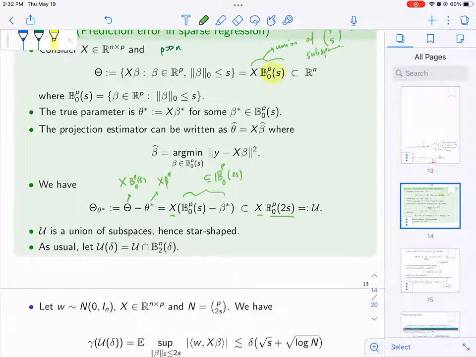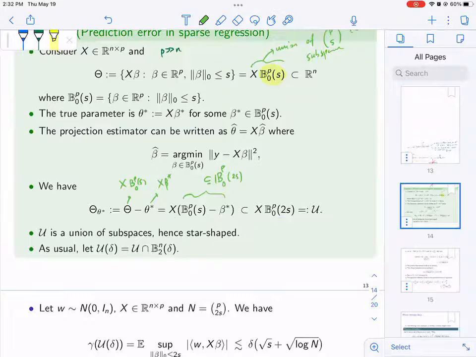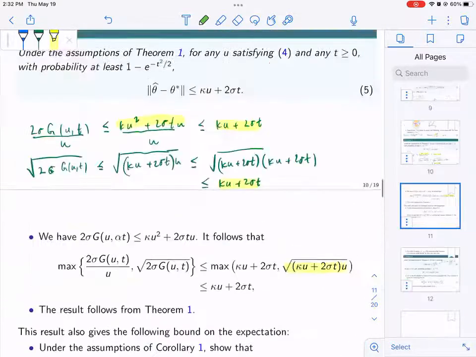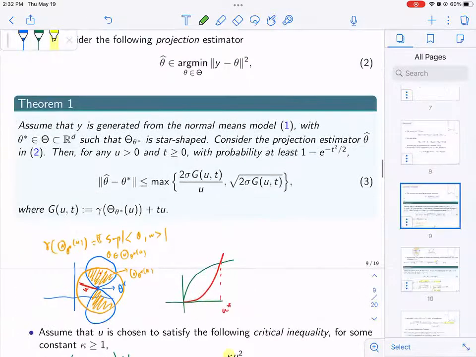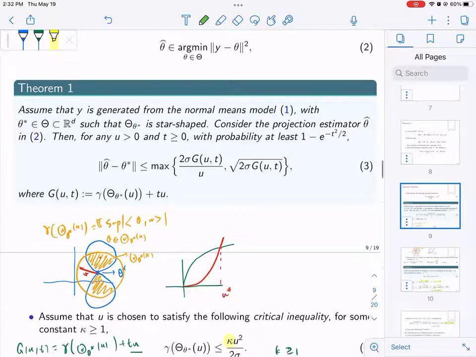And then you can see, when we go through the proof of this result, that instead of this theta star, if I have a superset of this, everything works. So if I replace this with a bigger set, I get an upper bound. So I can work with a superset.